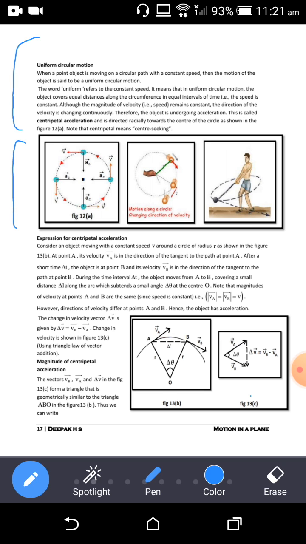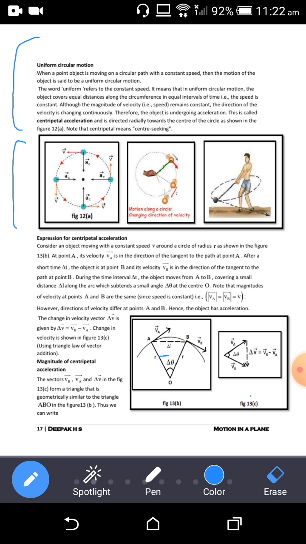So the change in velocity is represented by delta vector v, equal to vector vB minus vector vA. With reference to the first figure, we drew another figure which is almost the same, only here we have taken delta L, but here we have taken delta vector v. Hence the value of delta vector v comes out to be vector vB minus vector vA.